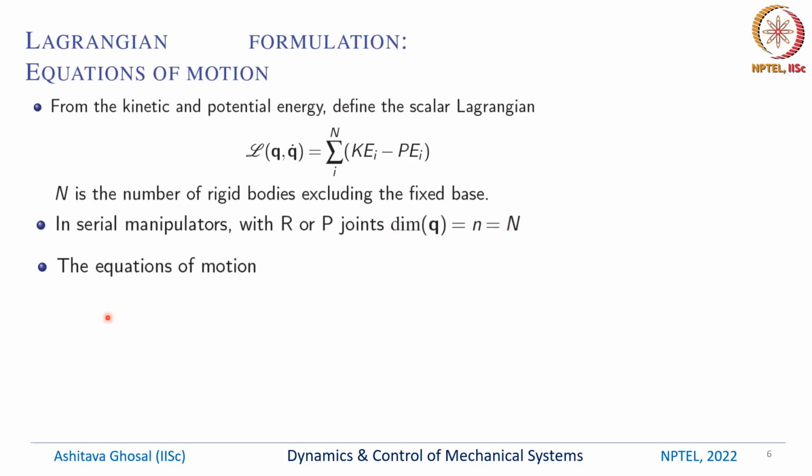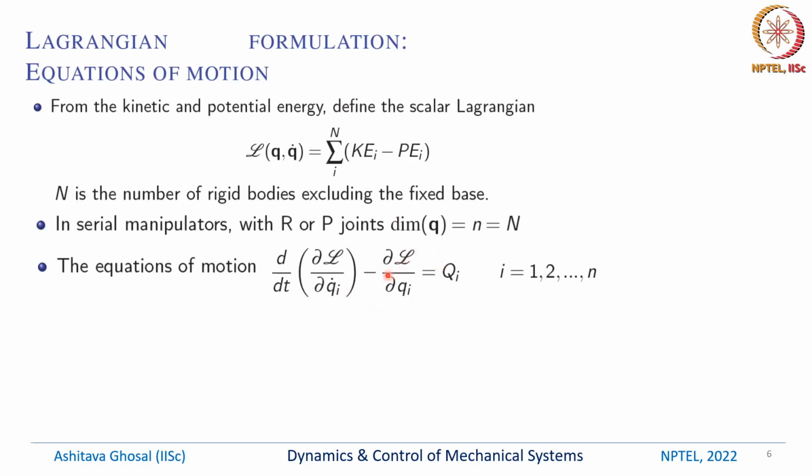Okay. So the equations of motion, once you have this Lagrangian, are given by d by dt of the partial derivative of L with respect to q_i dot, minus the partial derivative of L with respect to q_i. This is equal to Q_i. Okay, so let's go over this term by term.